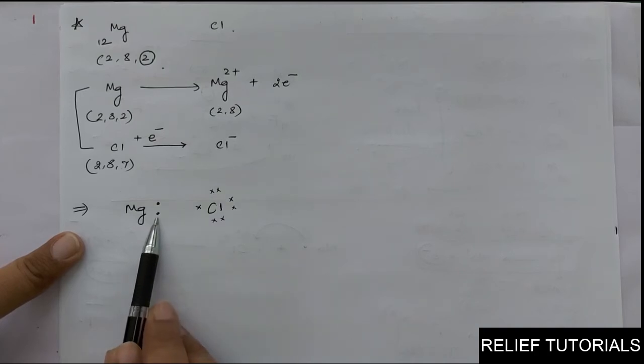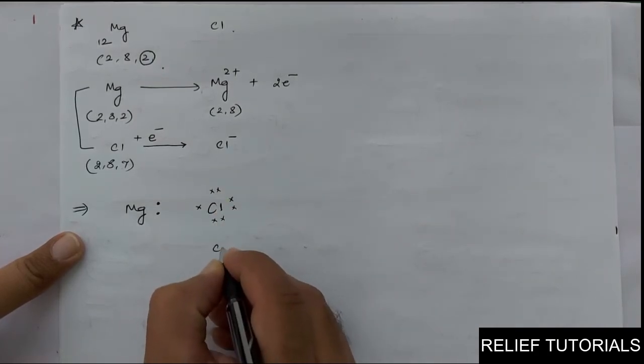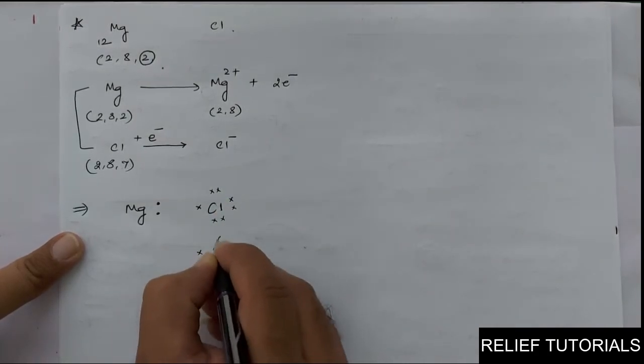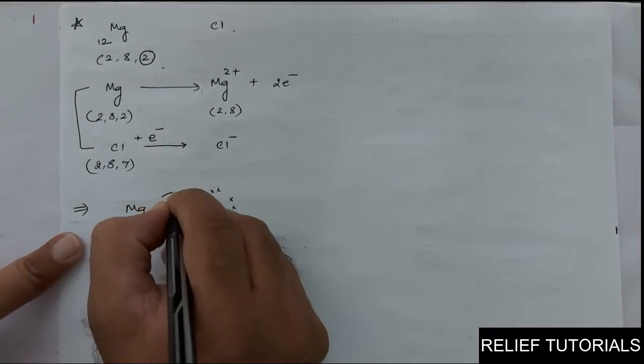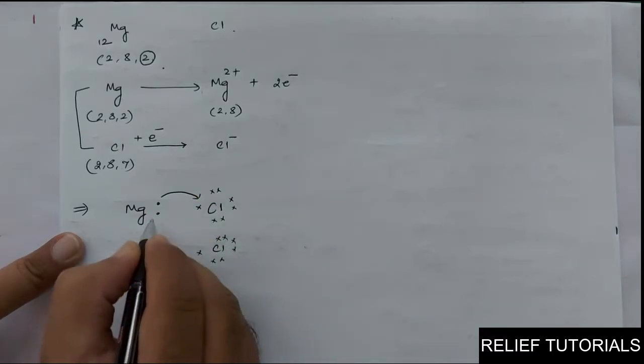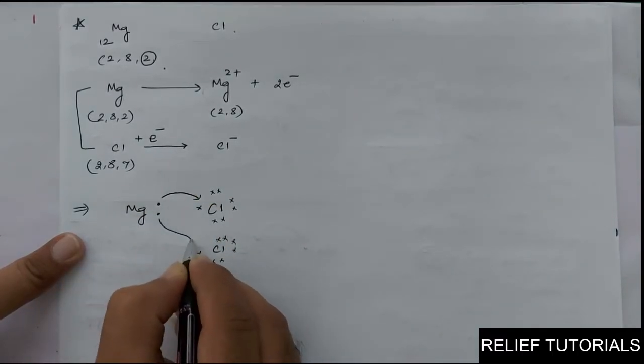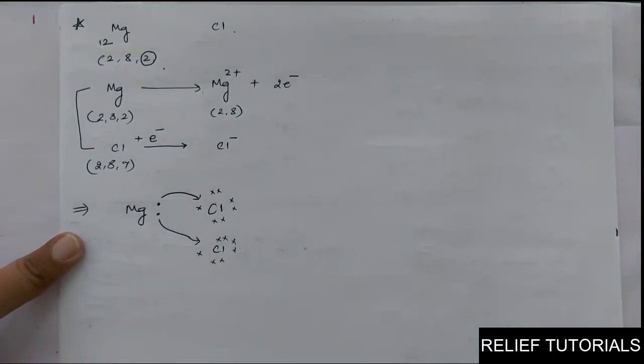But magnesium has 2 electrons, so one more chlorine will be required. This electron will be gained by this chlorine, and the second electron will be gained by another chlorine here, and the configuration will be completed.